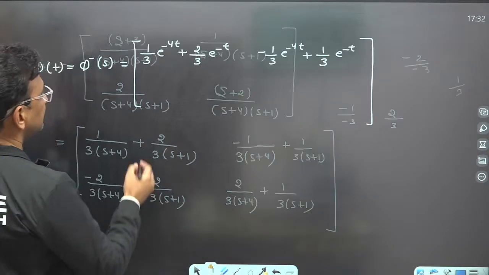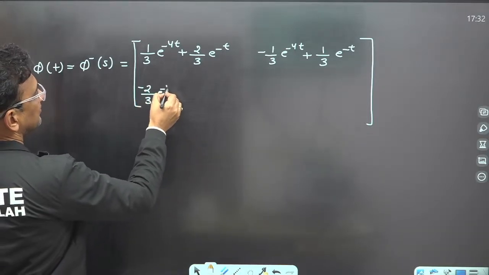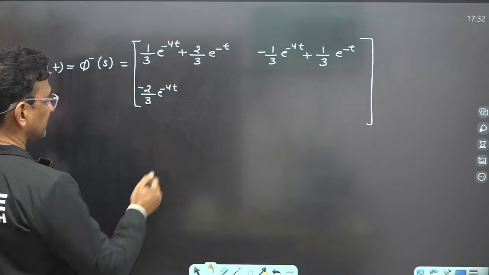Minus 2 upon 3 e raised to the power minus 4t, plus 2 upon 3 e raised to the power minus t.